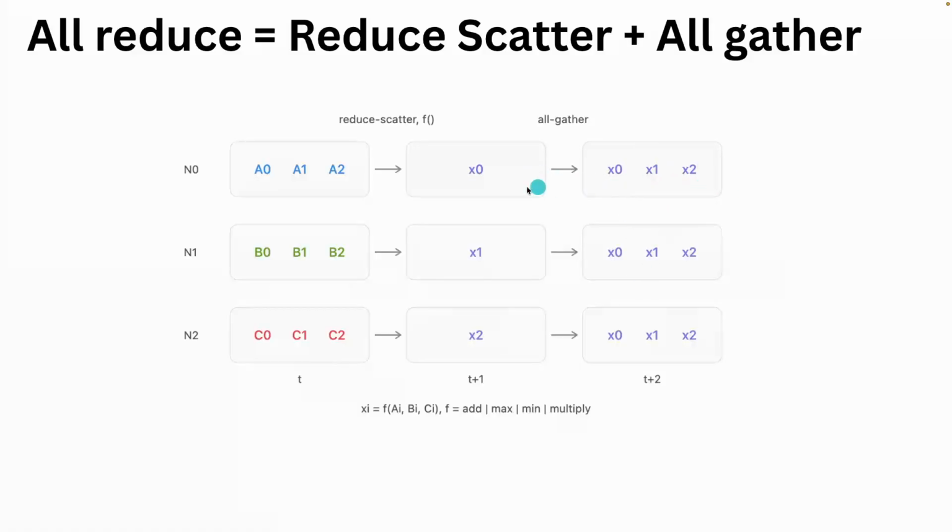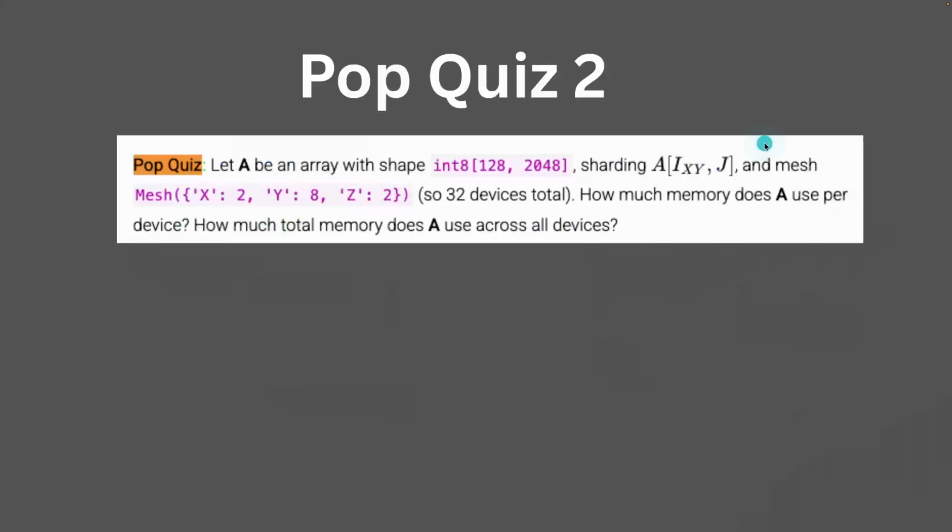So all reduce can be broken down into these two communication patterns, reduce scatter and all gather. As all gather and reduce scatter have the same time taken, all reduce is twice as costly as reduce scatter, or twice as costly as all gather.